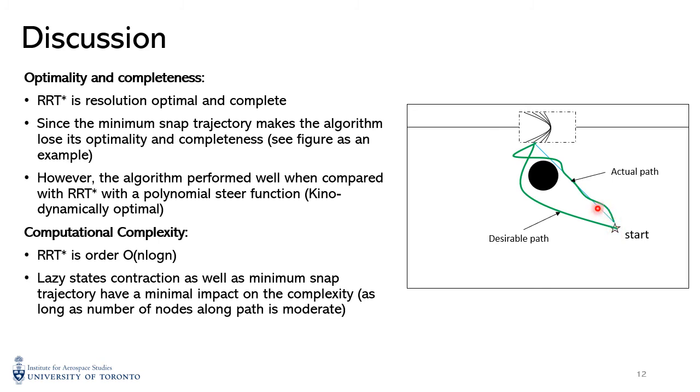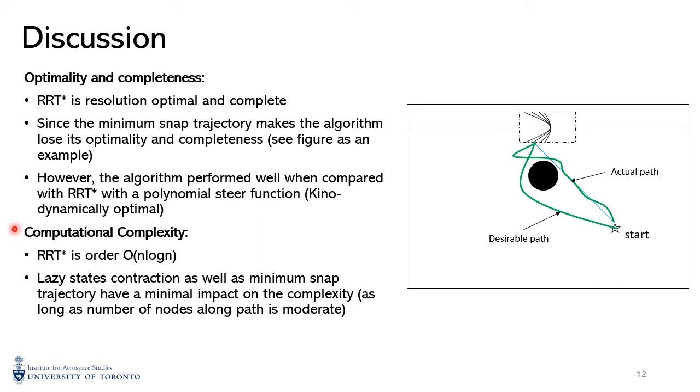However, the algorithm will produce something like this path here because it's trying to follow the straight path, but has to meet some curvature at this end. But although the algorithm does not guarantee completeness and optimality, it still performed very well when compared to its benchmark, RRT star with the polynomial steer function.